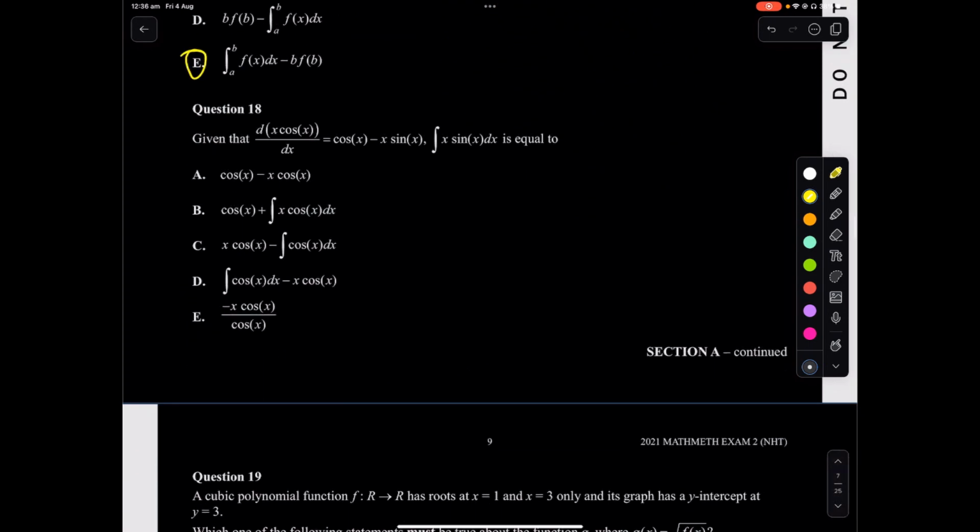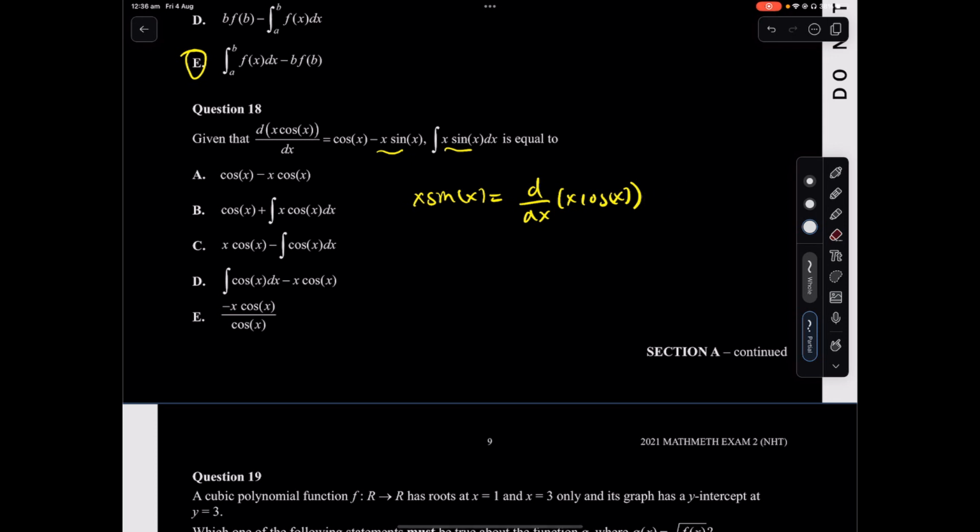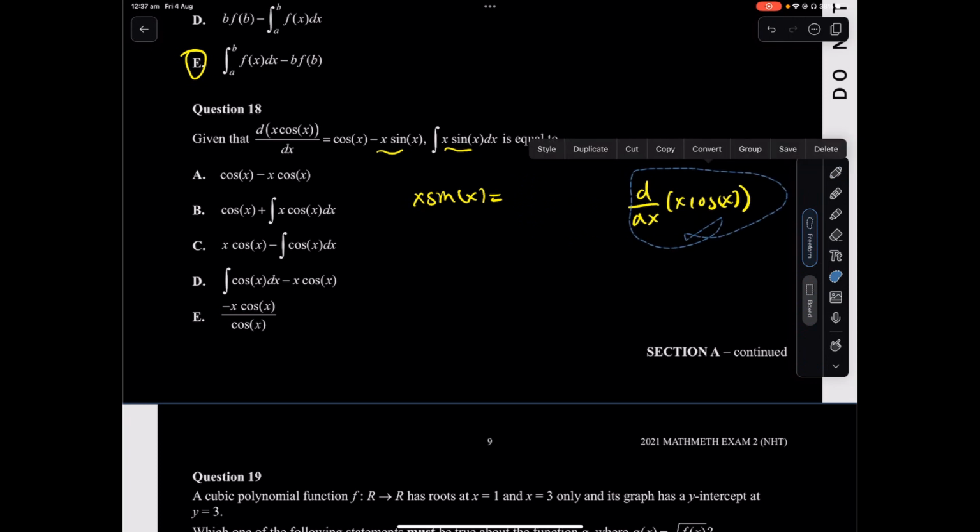Yep, looks like. Given that d/dx is that, this is like integration by recognition. So what I want to do is x sine x. So I want to find this. So I know x sine x would be d/dx of x cos x minus. What am I doing? Okay, wait. What have I done here? So x sine x is, wait, let me take this, bring this over here.